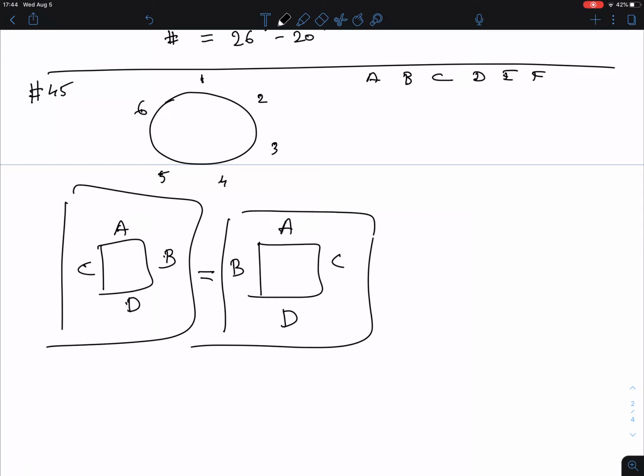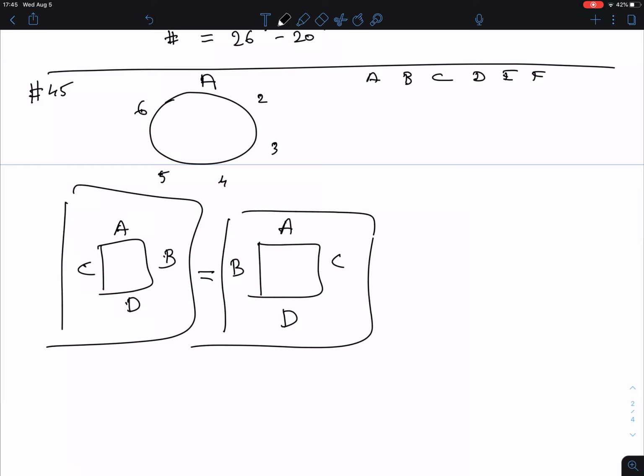Since 2 table settings give the same seating, if A is sitting here, I can turn the table this way, and then A is sitting on top. So I can always choose A to be here.